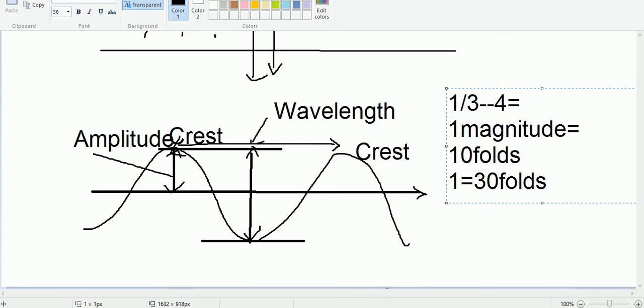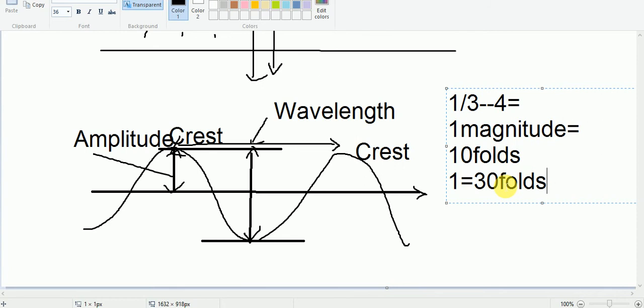That means the increase in the magnitude scale is not linear. The Richter scale is logarithmic. So an increase of 1 magnitude means there is an increase of 10 folds in the wave amplitude, or an increase of 30 folds in the release of energy.